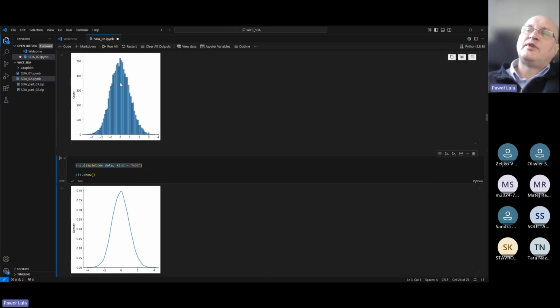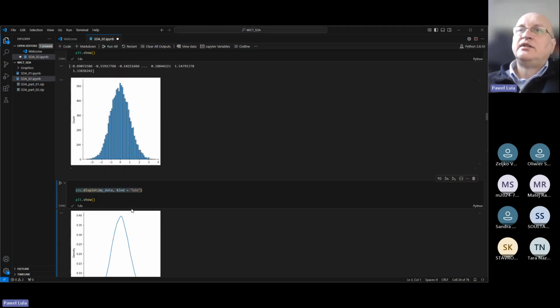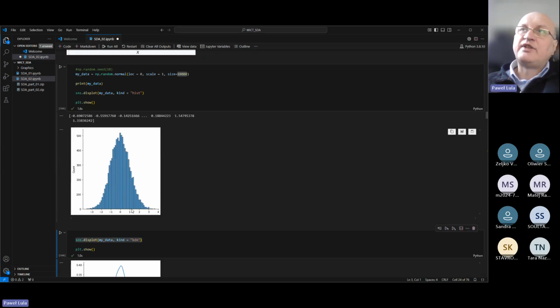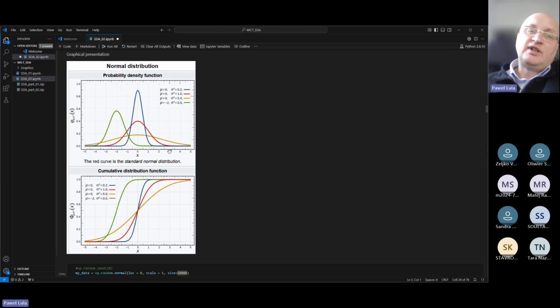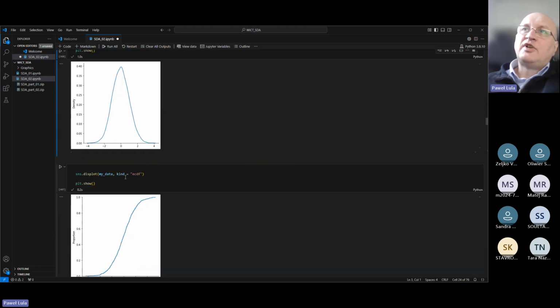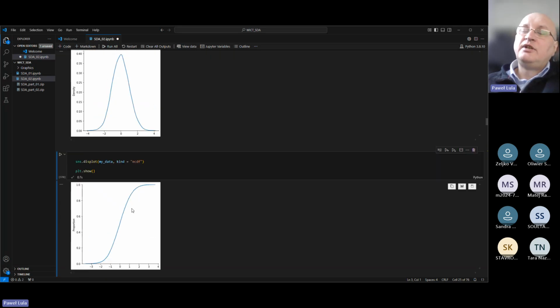Of course, it is the same as here, and we see that for our data, the shape of the empirical probability density function is similar to this theoretical one. And for the cumulative distribution function for our data, we also see very high similarity to the theoretical cumulative distribution function.